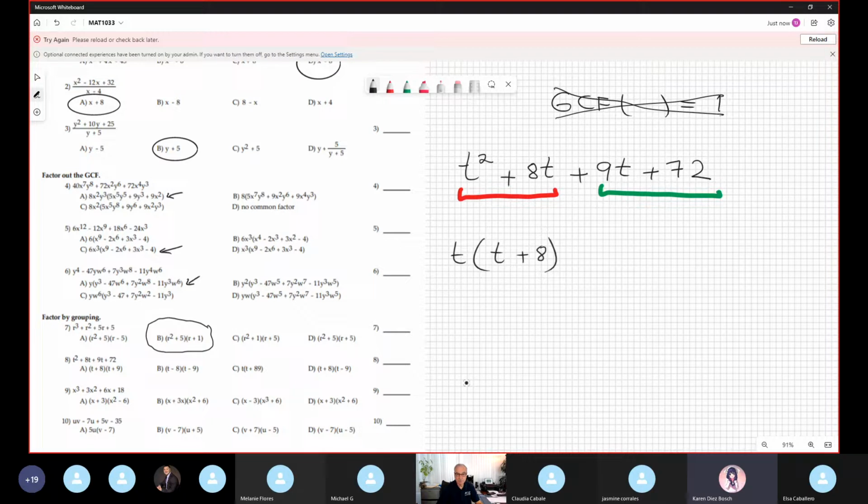What is the GCF in the green part? 9. 9, because I know that 72 is 9 times 8, no? So in my mind, this is working like a 9 and 8. You see, wow, 9 is a common factor. Factor out 9, you have T plus 8. By the way, this 8 is this. So in this moment, I am happy, because the factor T plus 8 is common.